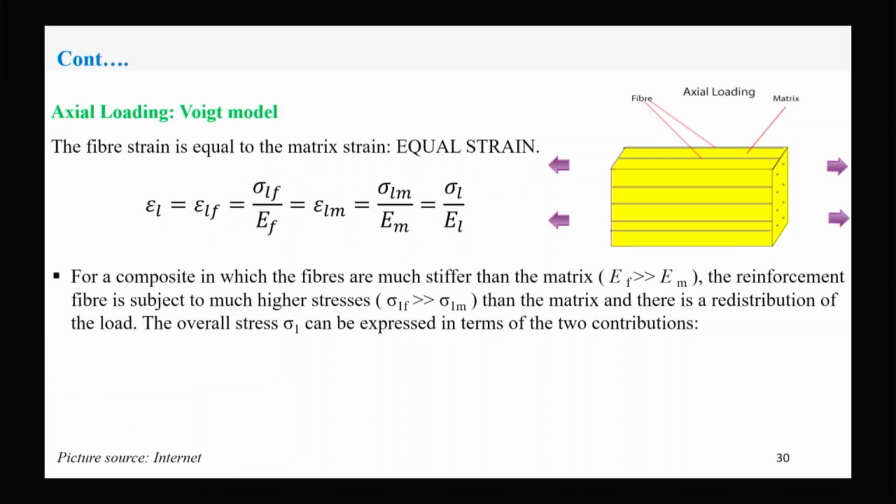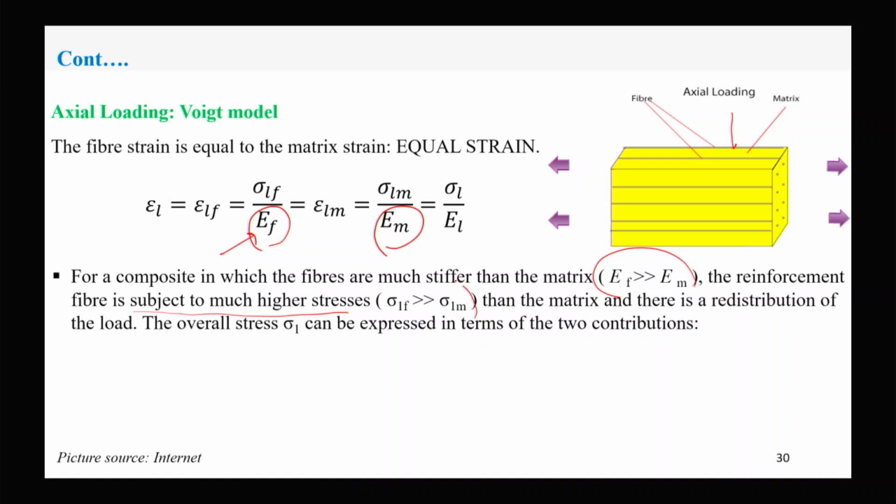For a composite in which the fibers are much stiffer, normally, in a composite the fibers are reinforcement, so they will be stiffer than the matrix. So EF is much greater than EM. The reinforcement fiber is subjected to much higher stress because the fiber modulus is very high.